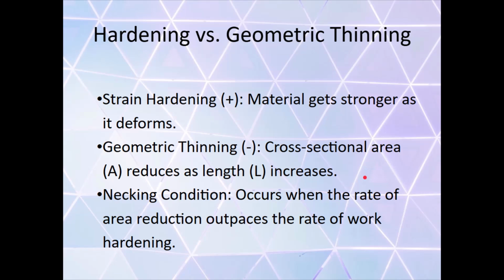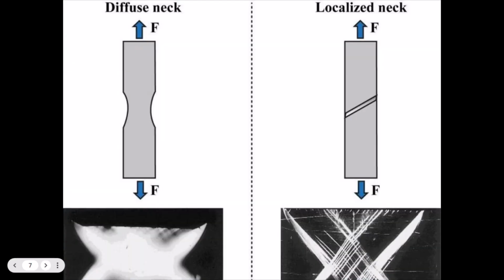While applying tensile load, the length of the material increases, whereas the area of the cross section is reduced.